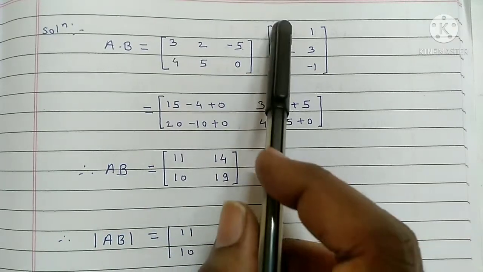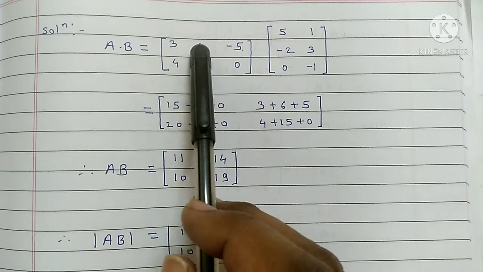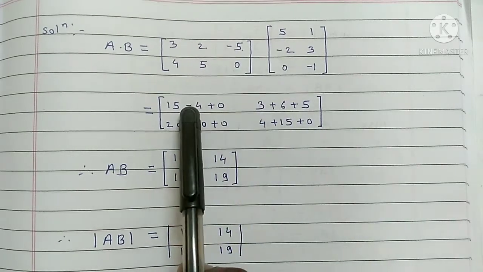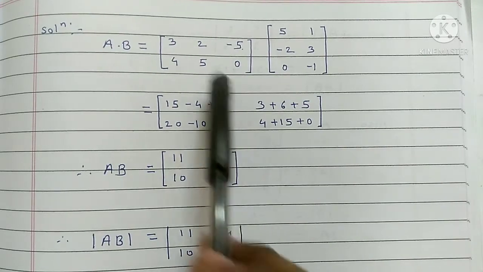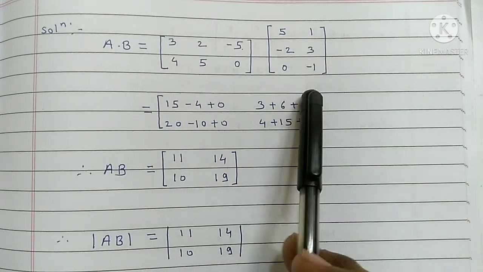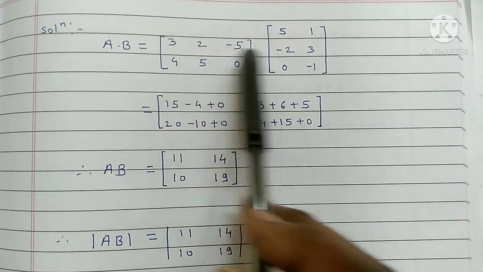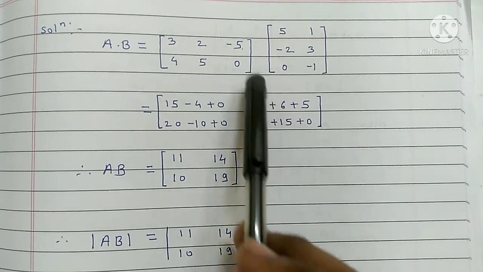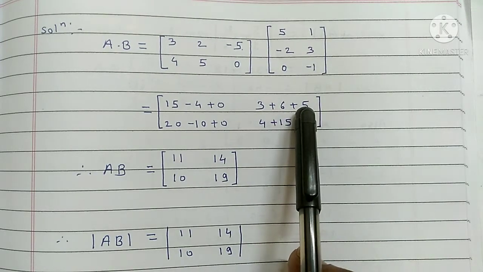So first row, first column, 3 into 5, 15. Then 2 into minus 2 is minus 4. Minus 5 into 0 is 0. Then first row, second column, 3 into 1, 3. 2 into 3, 6. Minus 5 into minus 1 is plus 5.